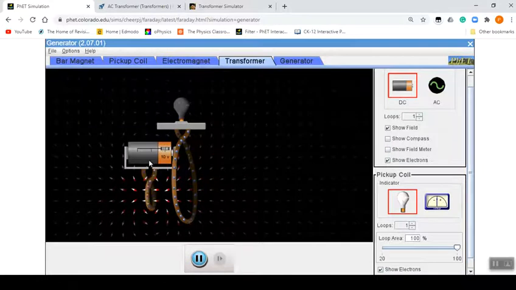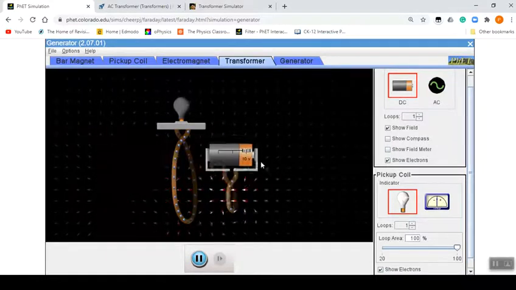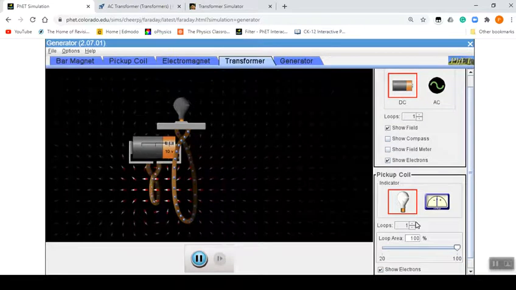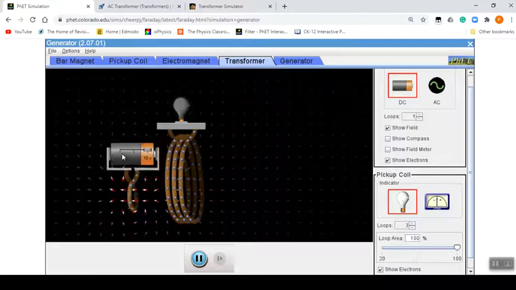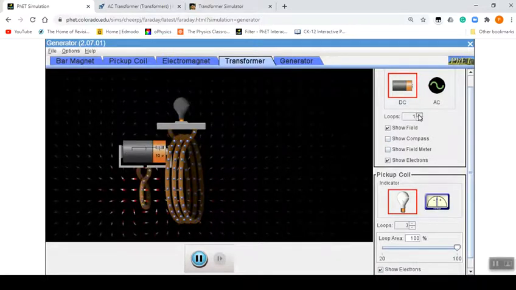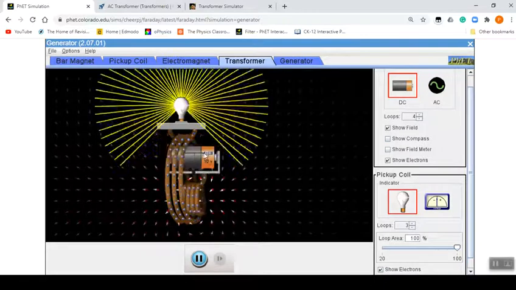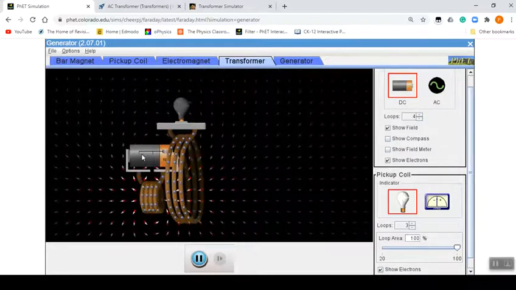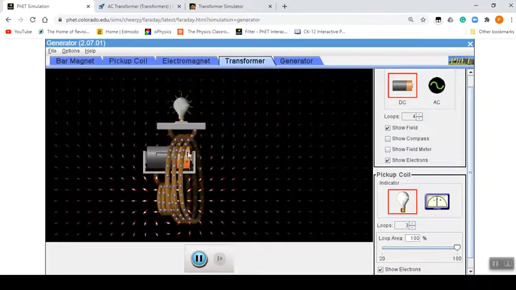I can increase that current by moving it faster. I can increase the loops, and that would also increase the size of the current that is induced and the voltage. I can increase the loops of the first one, which would also drastically improve it. But we don't want to make the coils go through each other the whole time.